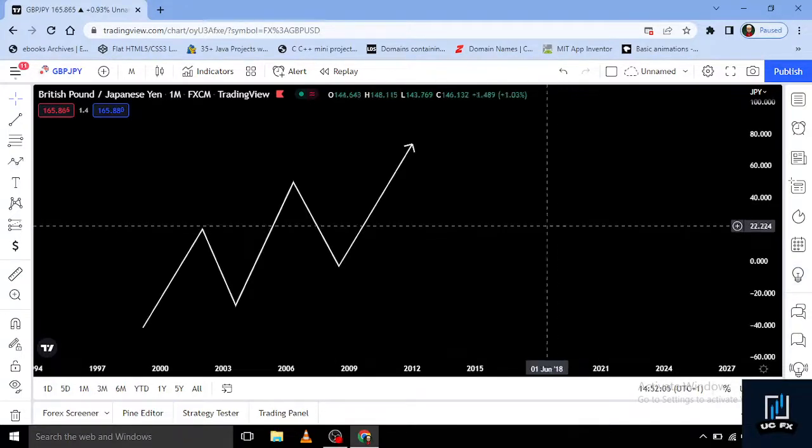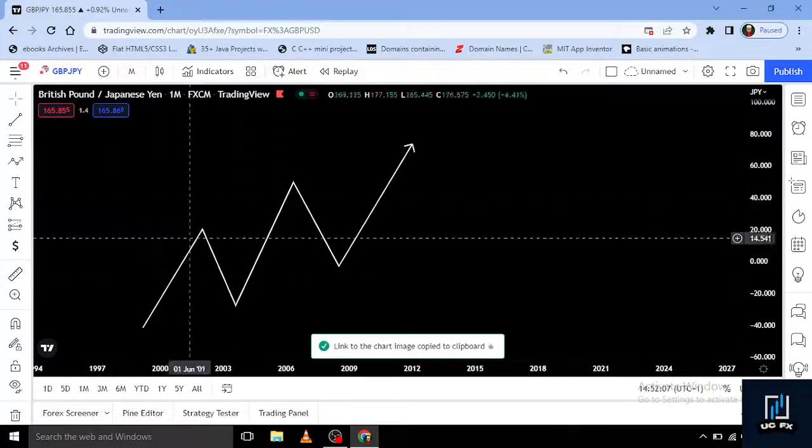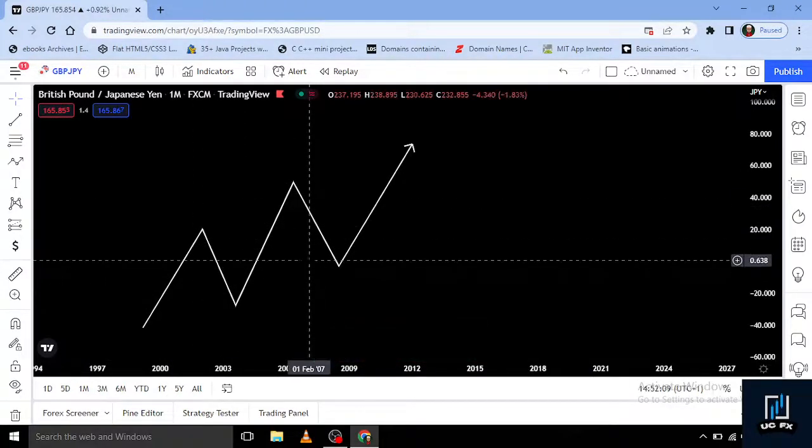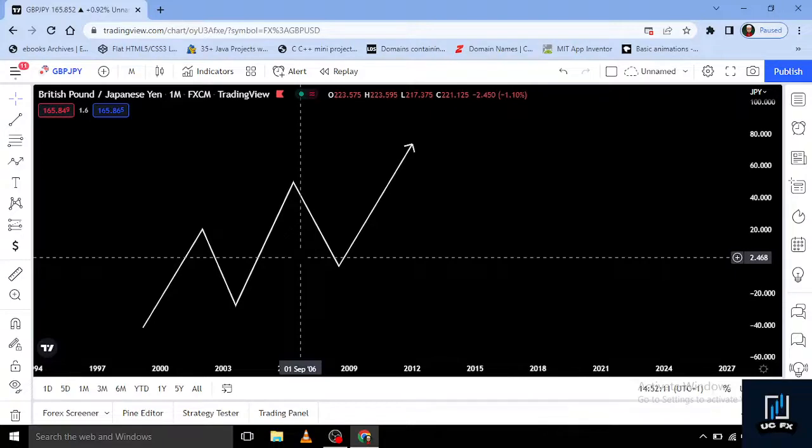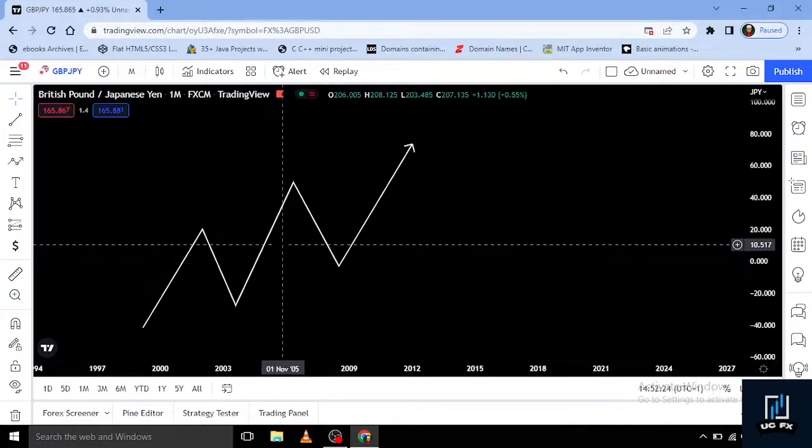So yes, let's say we are in an uptrend and this is our daily chart. We need to build a story from our higher time frames to be able to know what the lower time frame is about to do. So let's say this is our daily chart and the market is in an uptrend.